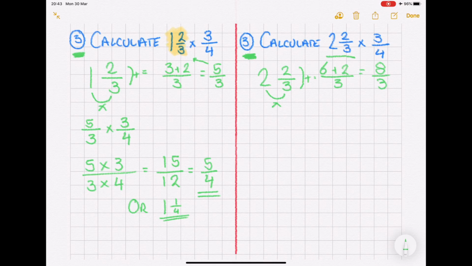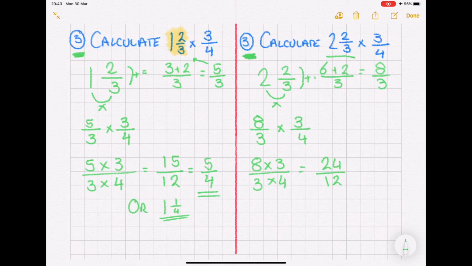Now we rewrite our sum, so 8/3 multiplied by 3/4. So that's 8 times by 3 over 3 times by 4. We will get 24 divided by 12.